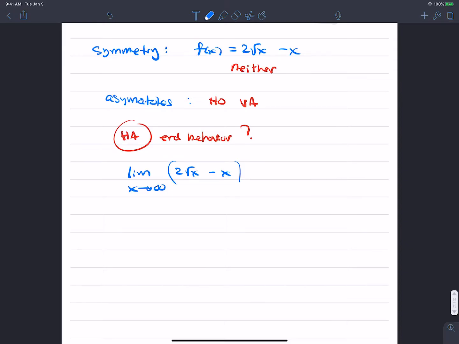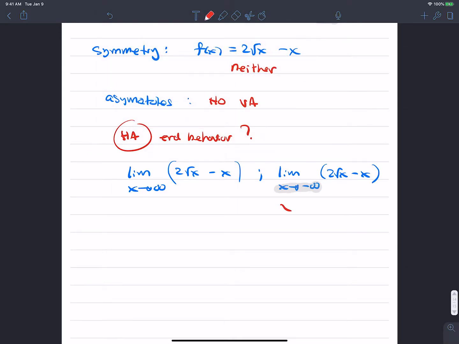Okay, and that's going to go to the right. X is getting big, and then what about this one here? Minus infinity, 2 square root of x minus x. Are we going to look for this limit? Say what? No. Why don't we look for this limit here? See this here? X goes to negative infinity.